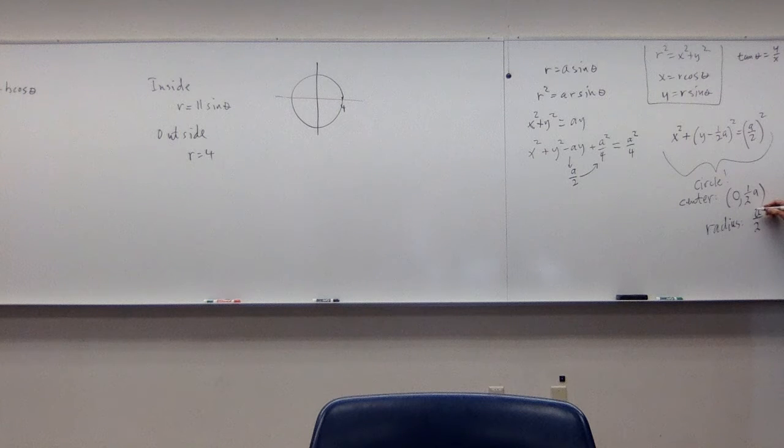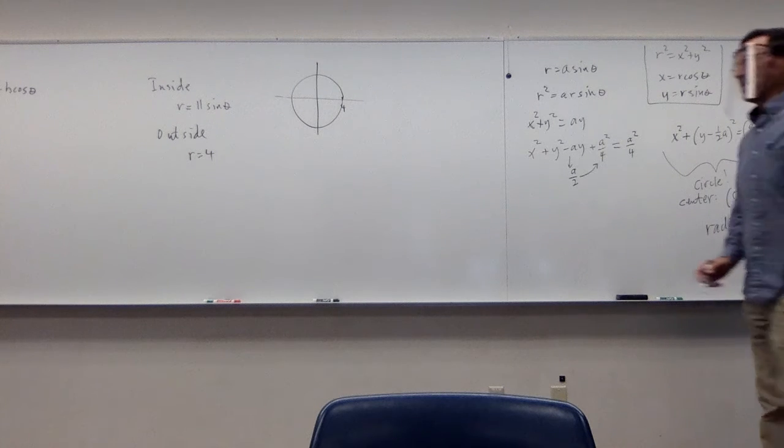Yeah, a could be a negative number. We don't want our radius negative, so we'll put absolute value signs on it just in case. It doesn't affect whether it's a circle if a is positive or negative. It just affects the location of it.